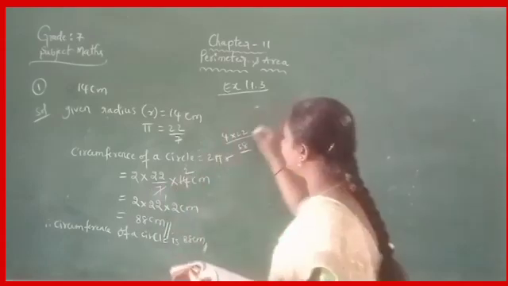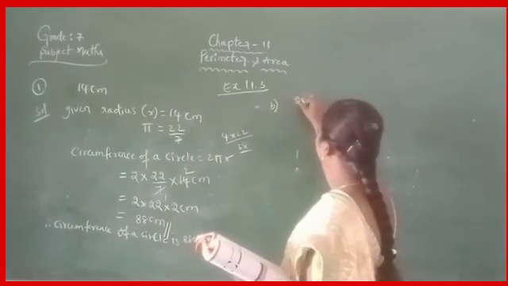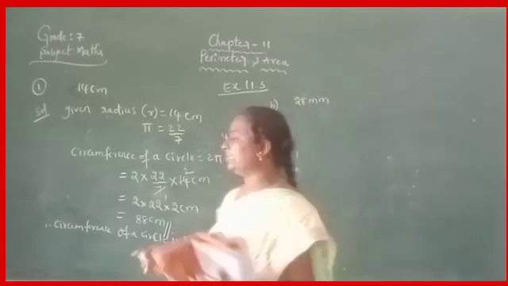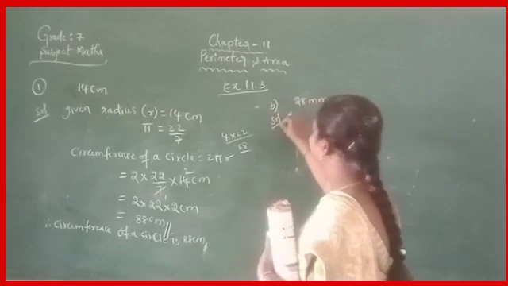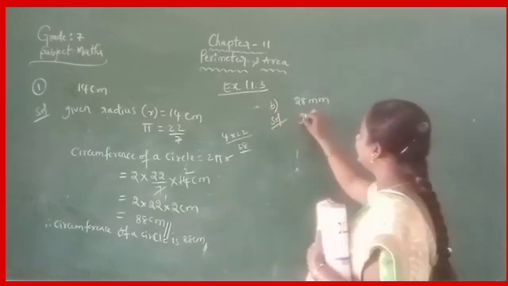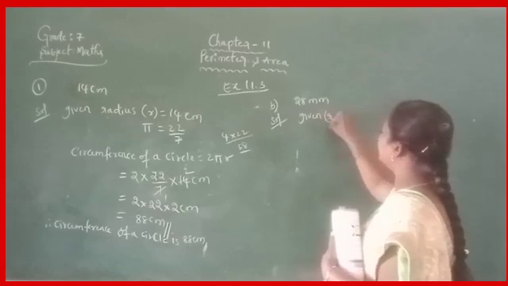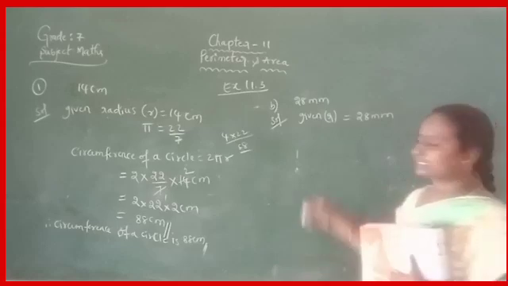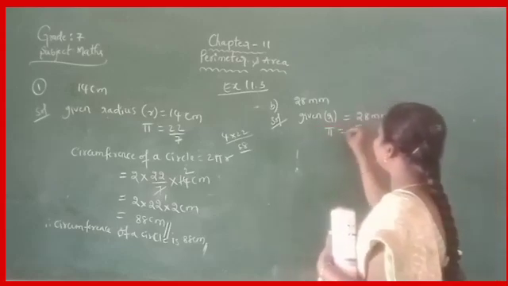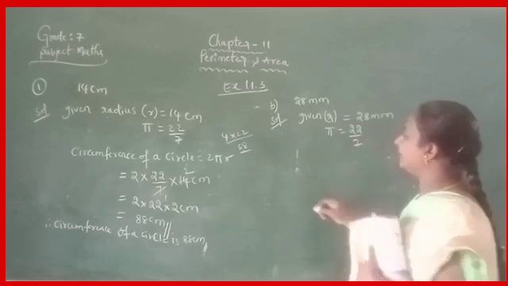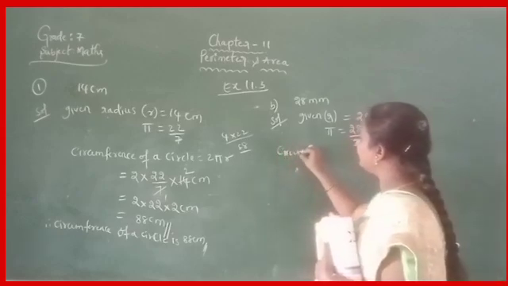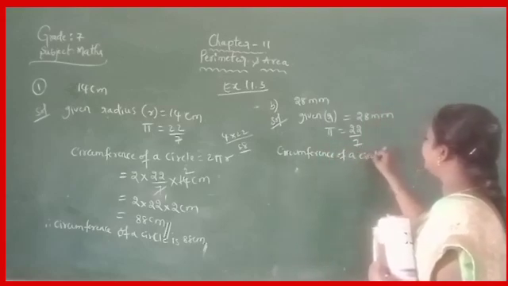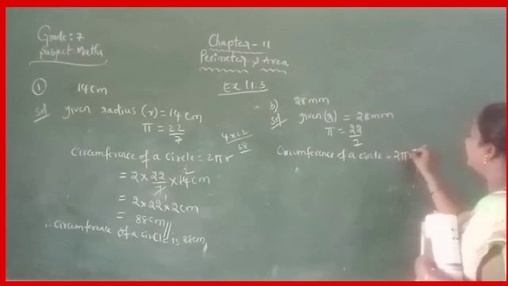Very good. Next, come to the B problem. 28 millimeters. See, this one is also radius. Given radius, so r is equal to 28 millimeters. Next, pi value is equal to 22/7. Now we know the formula for the circumference of a circle is 2 pi r.